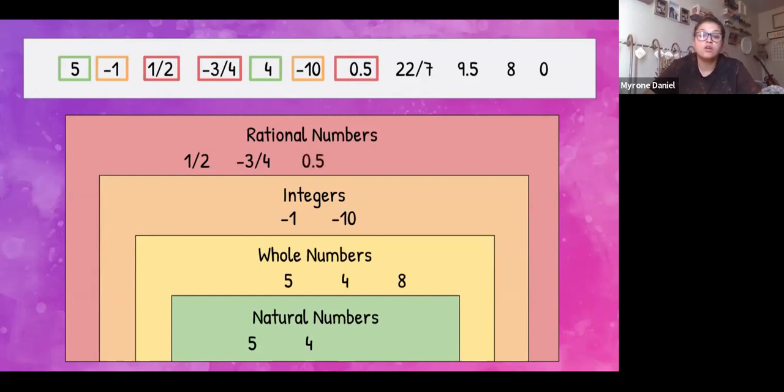Also, 22/7 is going to be a rational number because it is a fraction. We have 9.5, which is another decimal. We have the 8, because you can count up to 8. And then our last one is 0. We know that 0 is not a natural number, so that is a whole number.